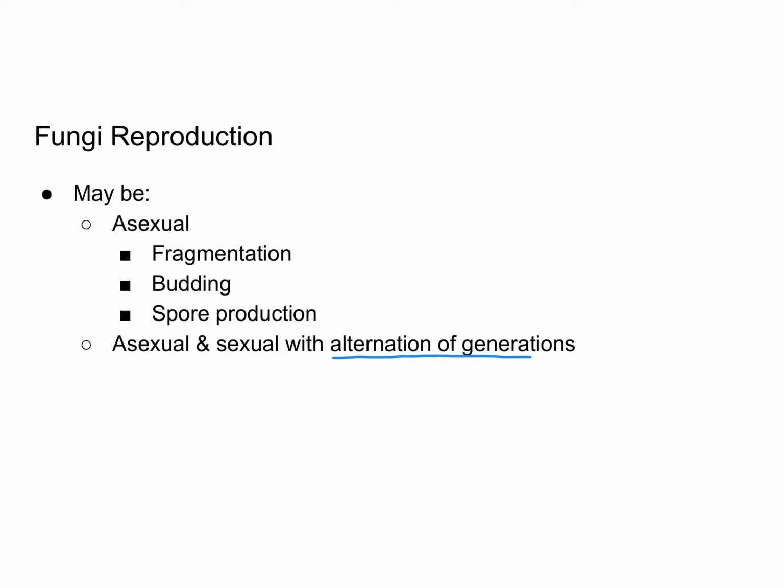What this alternation of generations means is that at some points in the life cycle, the cells in the fungus are going to be haploid, or 1N, and at other times the cells are going to be diploid, or 2N. And alternation of generations is something that happens in humans as well, so we will compare these when we get to that particular slide. Asexual reproduction can include fragmentation, budding, or spore production, and we're going to talk about all of these in more detail on the following slides.